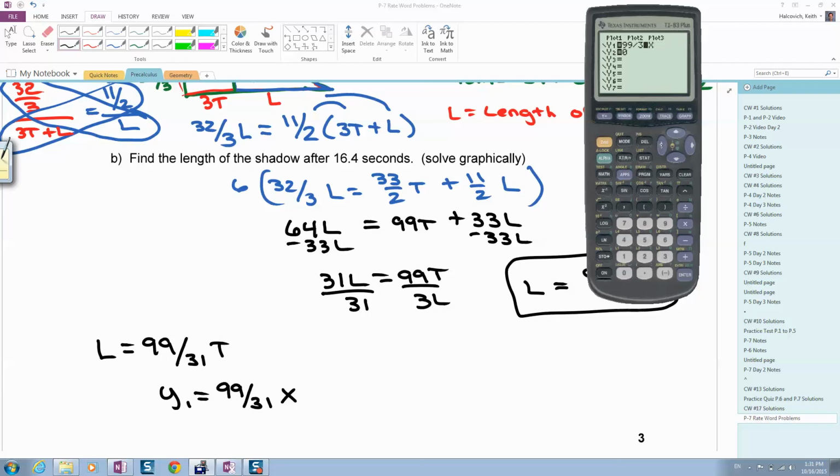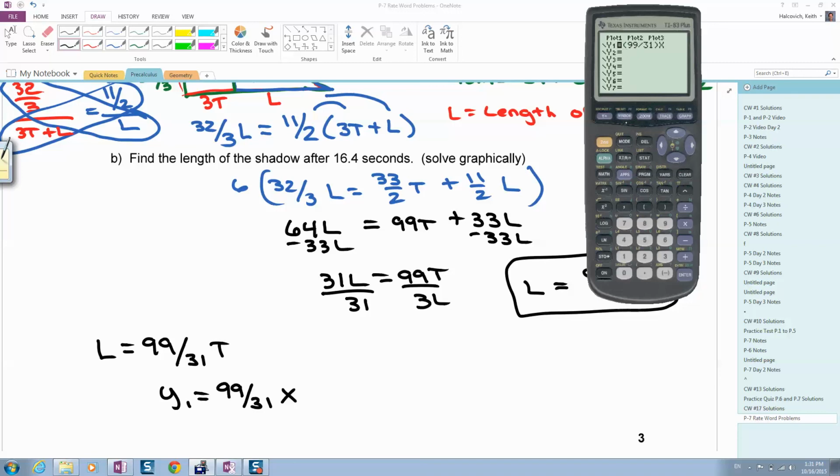We got to remember to put parentheses around the 99 over 31. Like that. We do not have a y sub 2 in here because 16.4 is an x value, and we're trying to find the y sub 2.